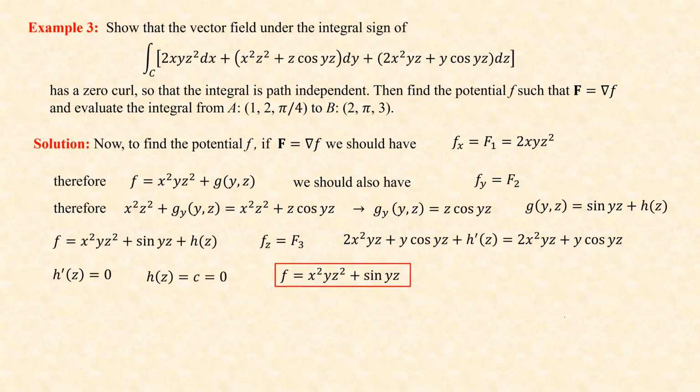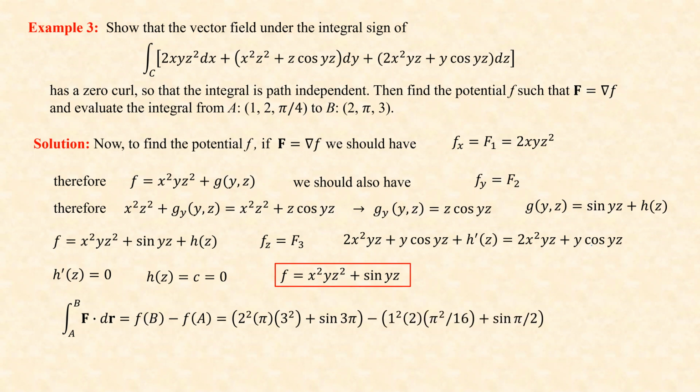All right. And then the integral of f dot dr from a to b becomes f of b minus f of a. So f of b means put in all the coordinates of b: 2, pi, and 3. So it becomes 2 squared times pi times 3 squared plus sine of yz, which is sine of 3 pi, which happens to be 0.